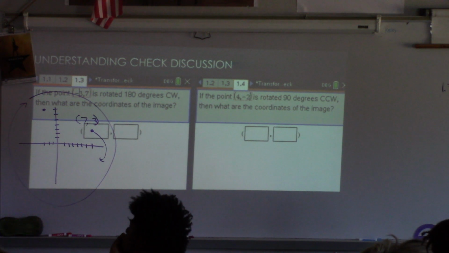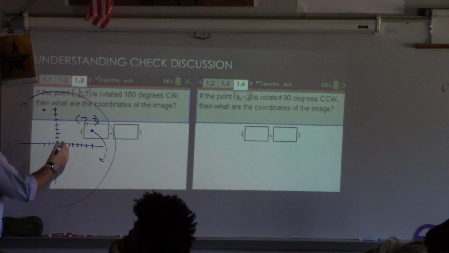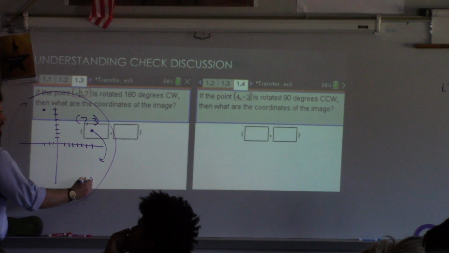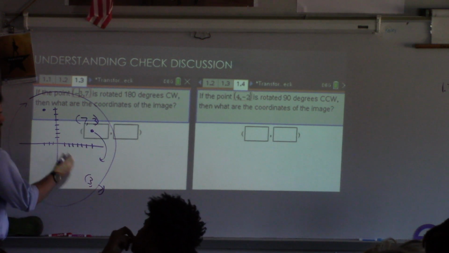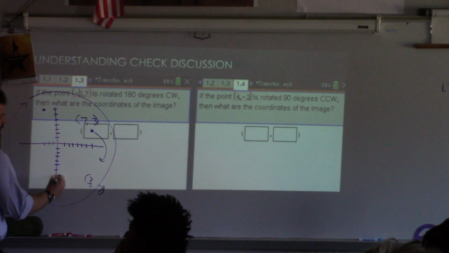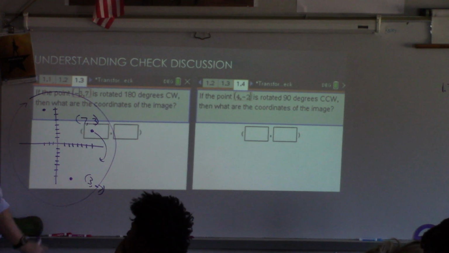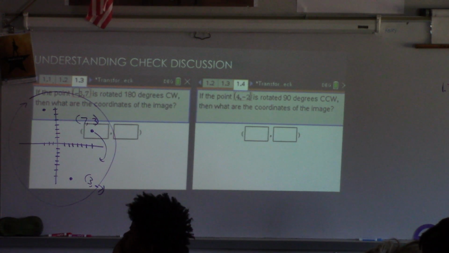And what's going to happen to my X and Y again? They don't say flip. Switch. They switch, right? Remember, flip kind of ties into the idea of a reflection. So instead of being 7, 3, it's going to go back to being a 3 and then a 7. Right 1, 2, 3, and then down 1, 2, 3, 4, 5, 6, 7. So it'd be 3, negative 7. You don't have to memorize whether it becomes positive or negative. You just look at the quadrant.